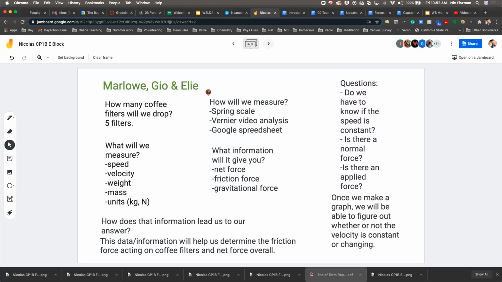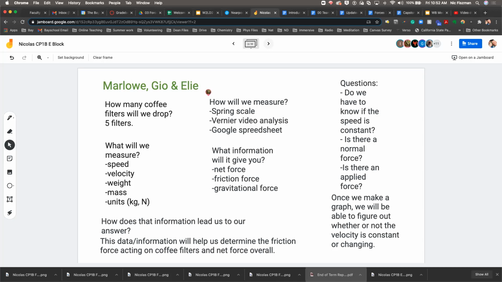Then we're going to measure it using our spring scale, the video analysis tool to analyze our video, and a Google spreadsheet in case we need to make a graph. And it's going to give us the net force, friction force, and gravitational force.